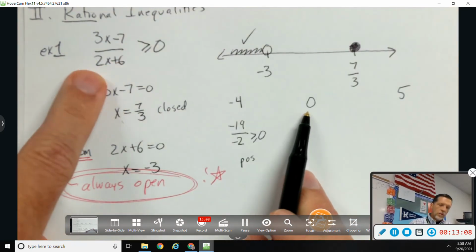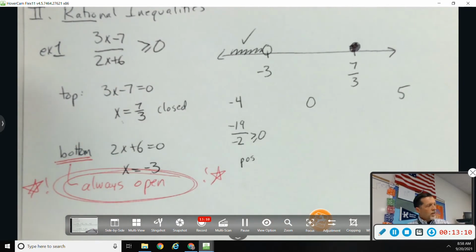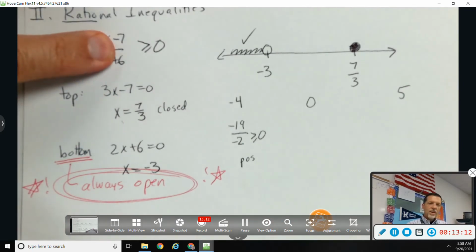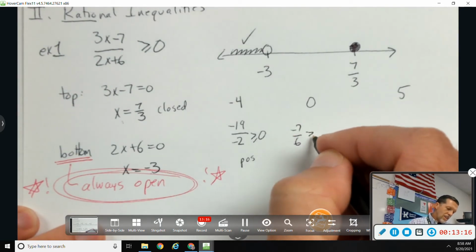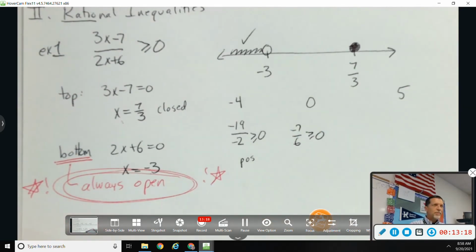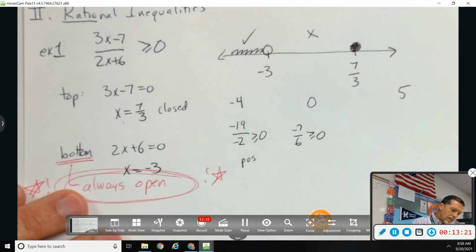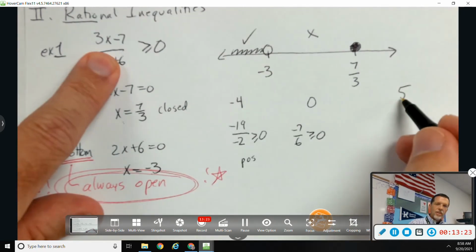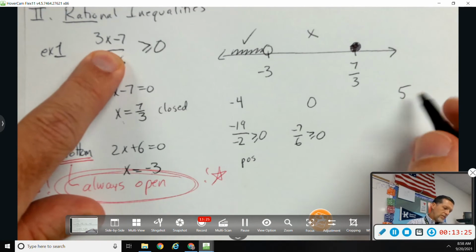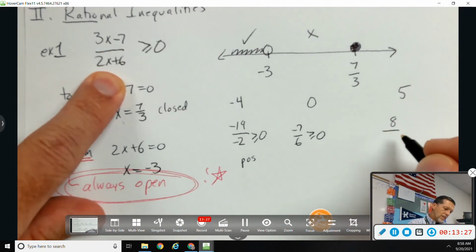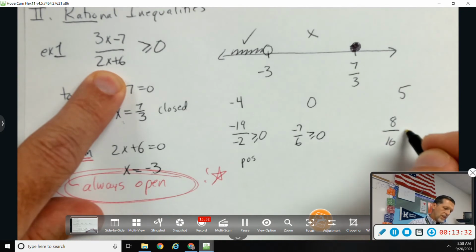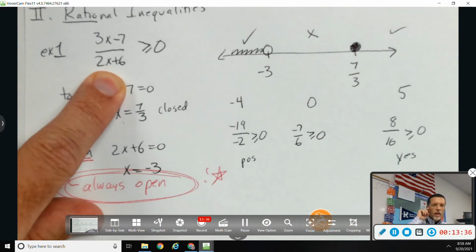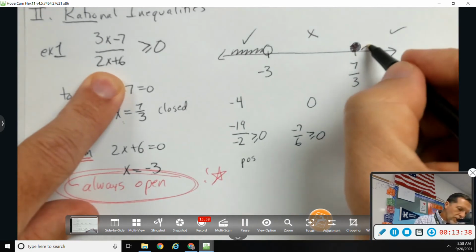So plug in 0. Oh, this is an easy one to check because it wipes out the x's. So you get negative 7 over 6. Greater than 0? No. Plug in 5. 15 minus 7 is 8. 10 plus 6 is 16. 8/16 is greater than 0, so that one works.